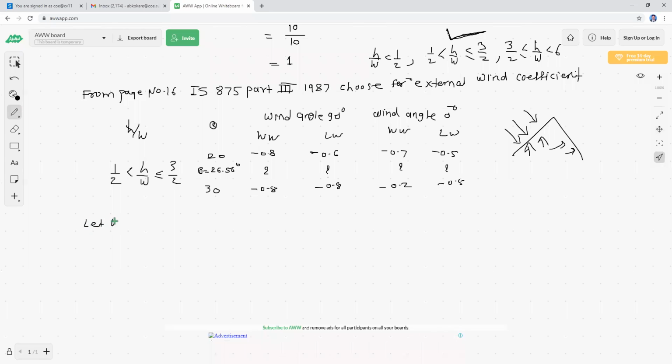Write down, let us assume the building to have normal permeability.